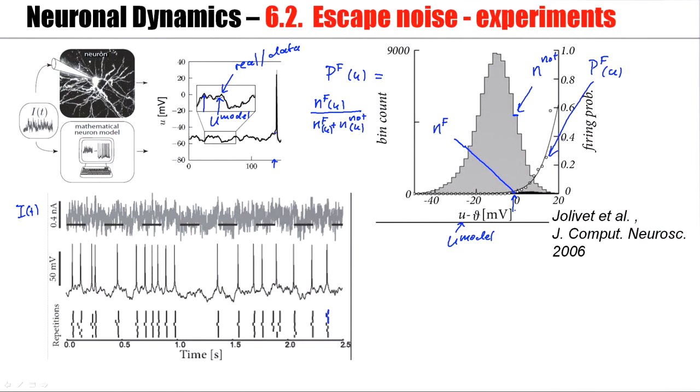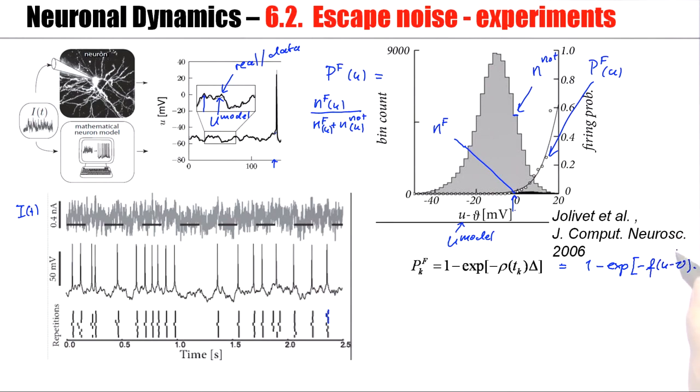On the other hand, from my escape noise model formalism, I know that this probability PF of firing in a time bin, where the escape rate rho of t was given by f of u minus theta, and then times delta.